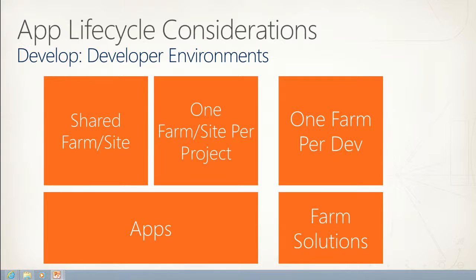There's no single answer here, right, where we can say, oh, you know what, from that point on, just forget completely about one farm. However, there are some circumstances, and most of the time when you look at apps for SharePoint, you can step away from that paradigm, and you can deploy a single farm or site per project and utilize it effectively with developers. No code means you can start leveraging some of these things.